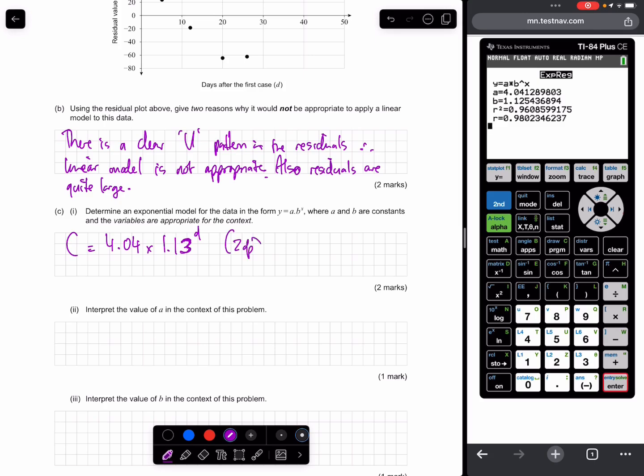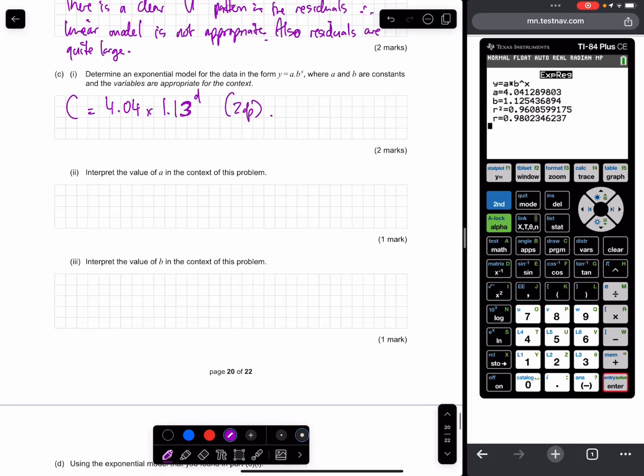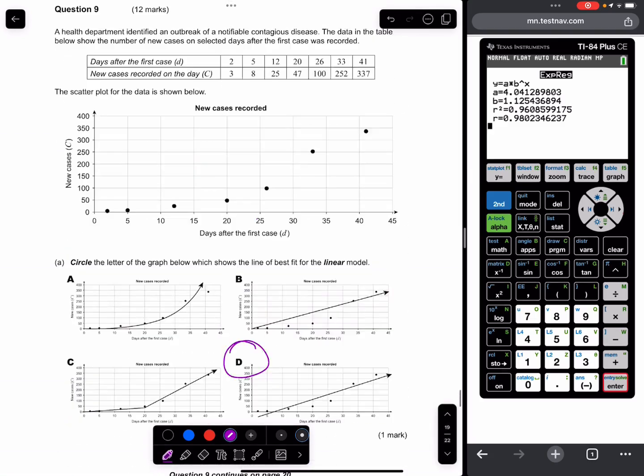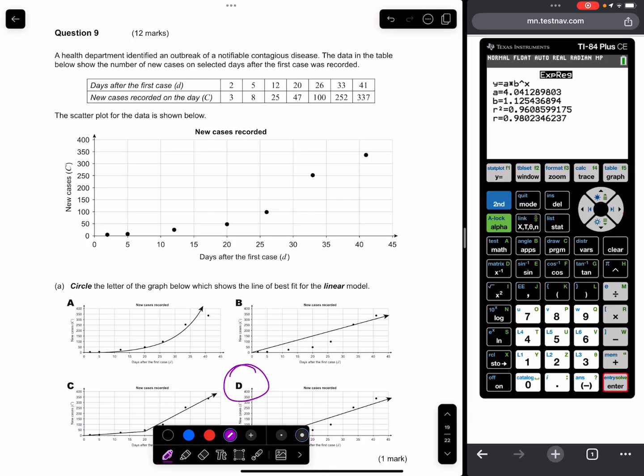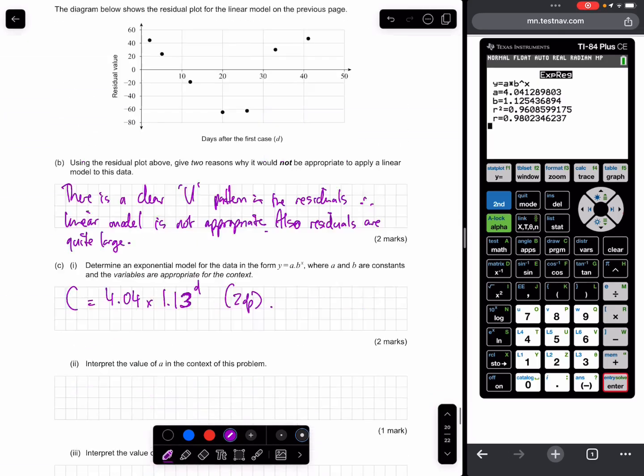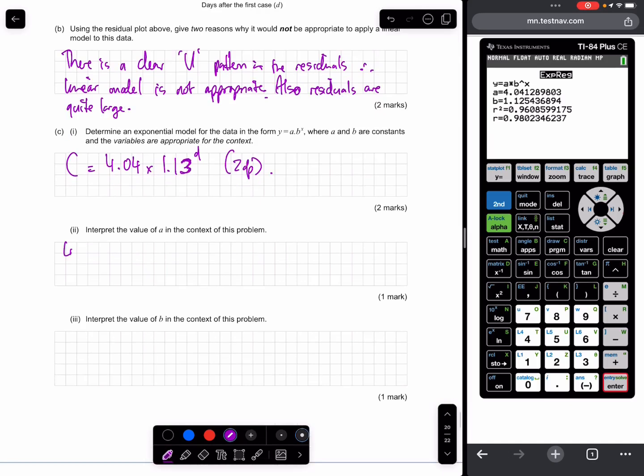That's rounded to 2 decimal points. Interpret the value of A in the context of this problem. 4.04 cases on first day.